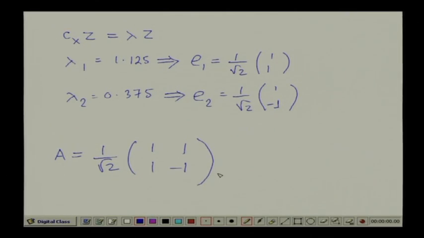Now, what is the implication of this? Using this particular transformation matrix, if I apply the KL transformation, then the transformed vector will be y equal to A into (x minus mu x).